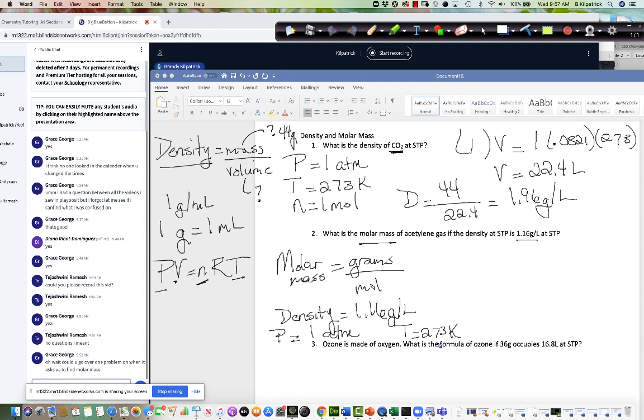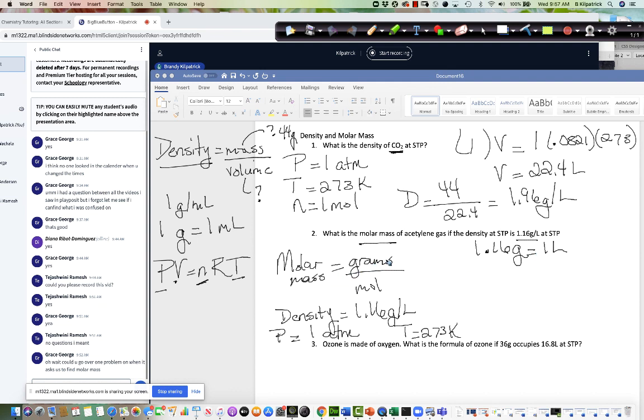Okay, so my density. Well, density is a mass to volume ratio. So if I have that, I know for every 1.16 grams, I have 1 liter of that substance. I know this is a true statement.